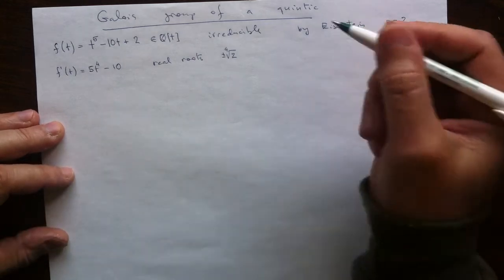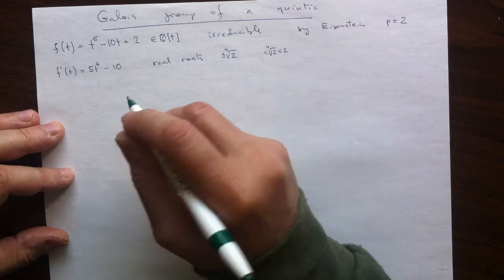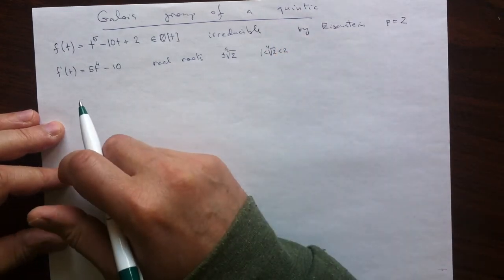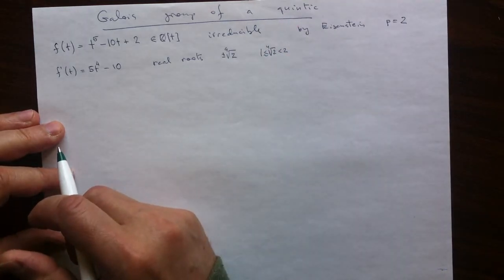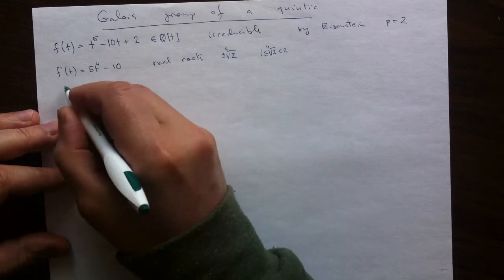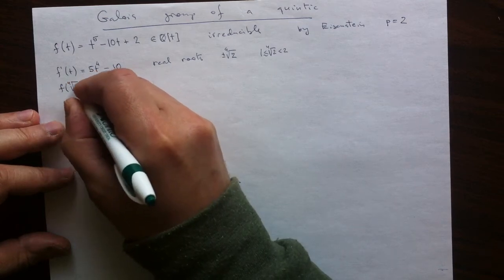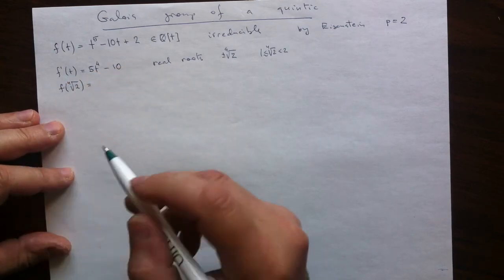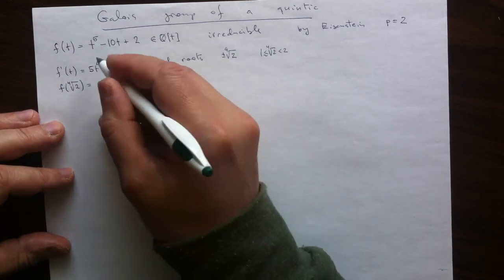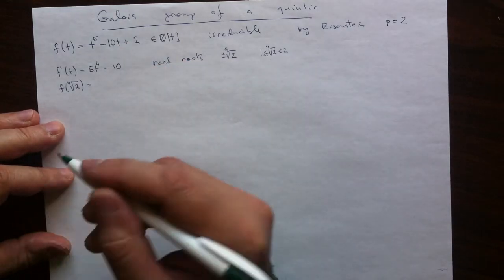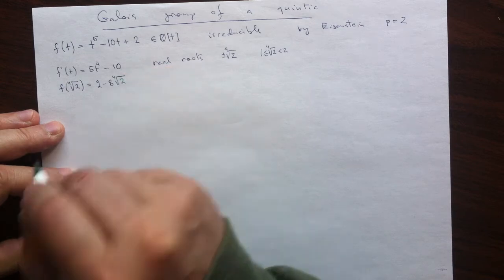So there are two such, and let's recall that this fourth root of 2 is in between 1 and 2. We will need rough locations for our special numbers, and it's really close to 1, way closer than to 2. So then the values of the polynomial on the roots of its derivative are, for the positive, well, we can just use that the fourth power of this number is 2, so here we will have 2 and then negative 10 copies of this number, so we'll have 2 minus 8 copies of the fourth root of 2.